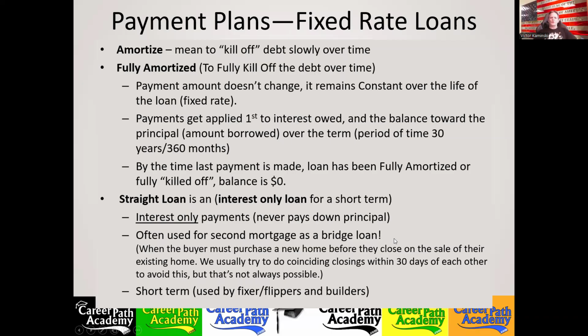When the buyer purchases a new home before they close on the sale of their existing home, we usually try to coincide closings so that they close on the sale of their existing home and the purchase of their new home within 30 days of each other, so that they avoid having to make a mortgage loan payment on two houses.